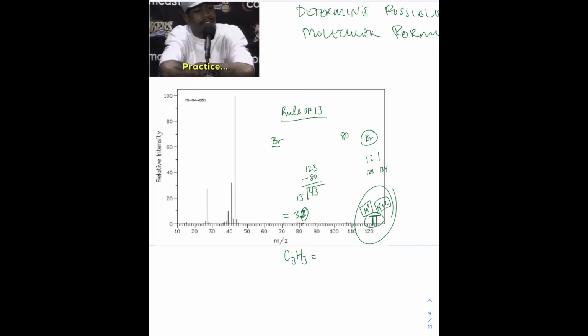And so the mass of this particular almost like a skeleton or a suggested initial value is 12 times 3, 36 plus 3, which is 39. So the mass of this is equal to 39.